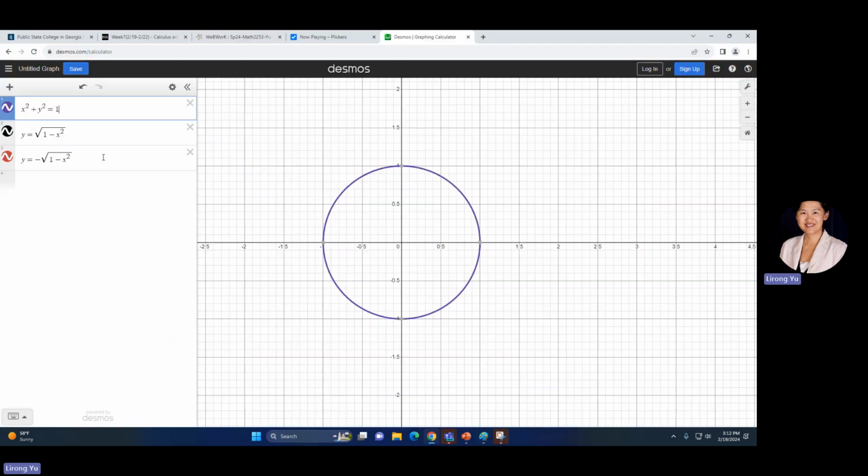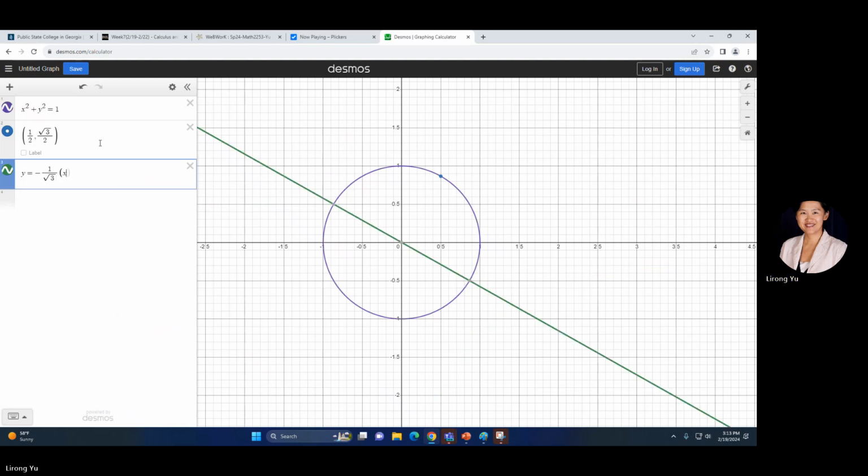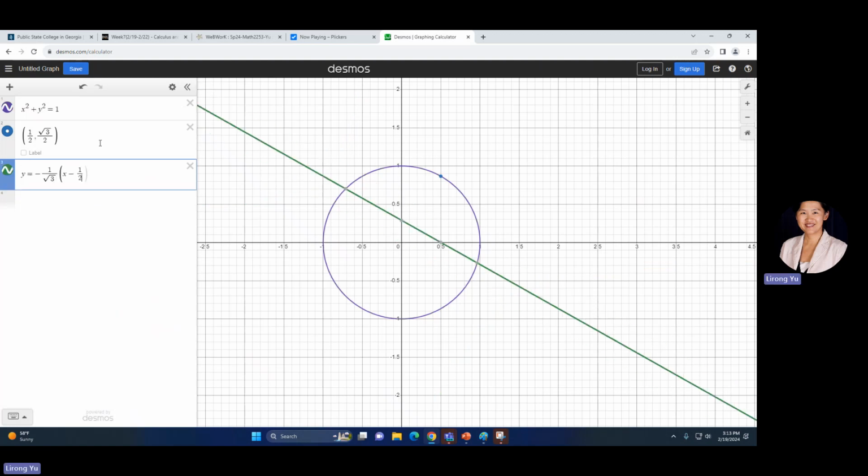We can confirm that with this. The point in the first quadrant is x equals 1/2, and the y value is square root of 3 over 2. That's the point. We're drawing the tangent line there, so y equals negative 1 over square root of 3 times x minus 1/2.